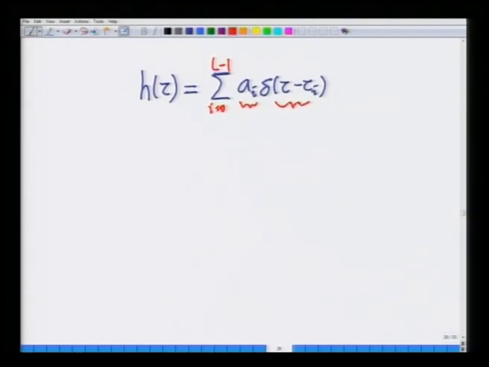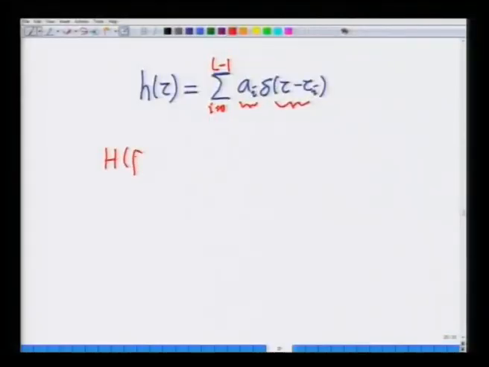Now, if I compute the spectrum of this multipath delay profile, that is H of f equals integral 0 to infinity h of tau e power minus j 2 pi f tau d tau, I am computing the spectrum of this multipath delay channel.